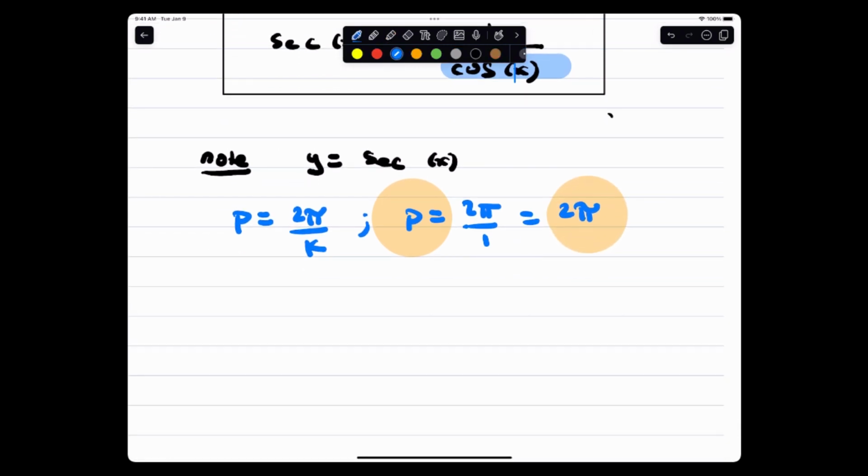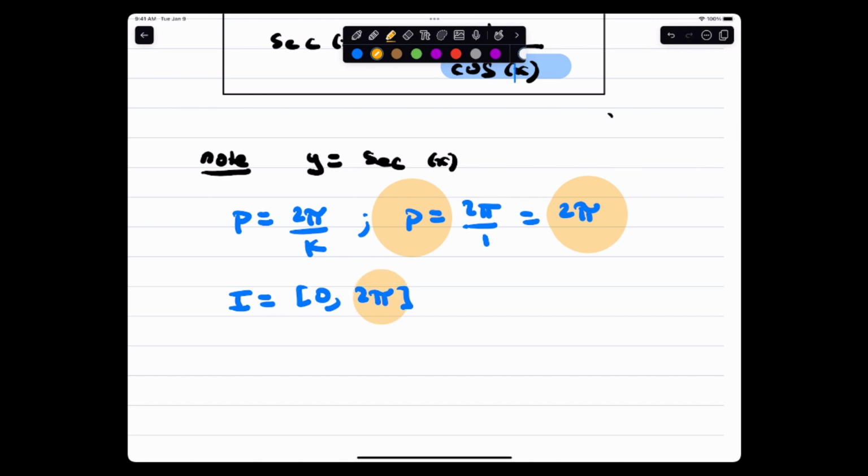What's the interval of one cycle for cosine? Do you guys know? You start at 0, is that true? And then you end where? 2 pi.